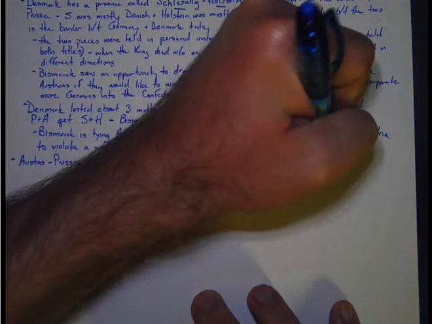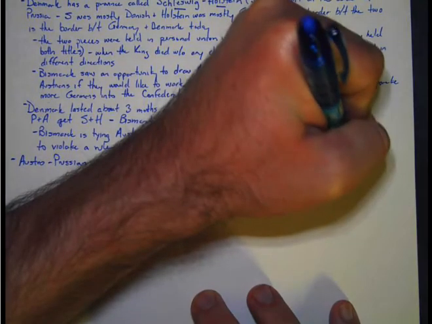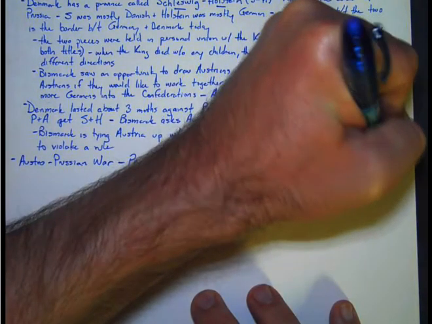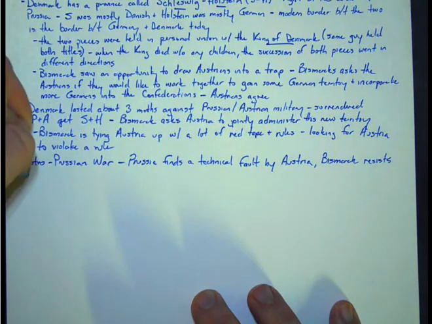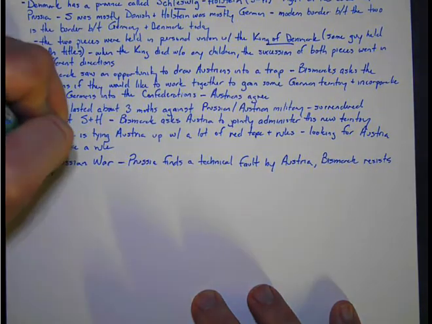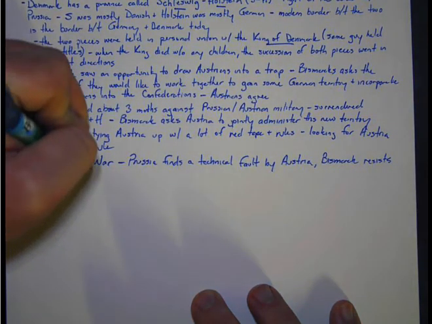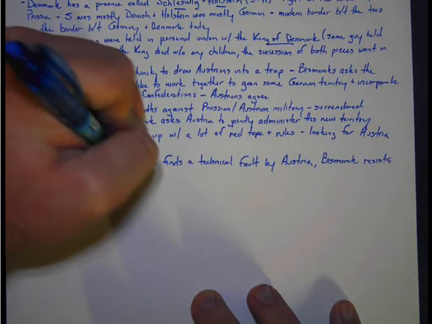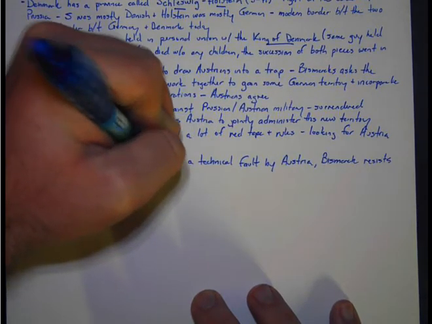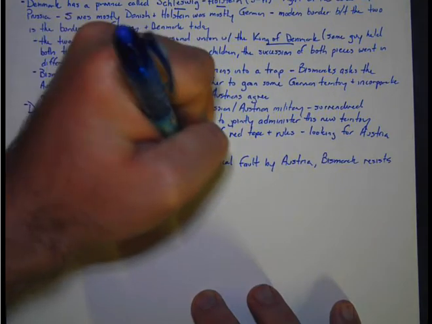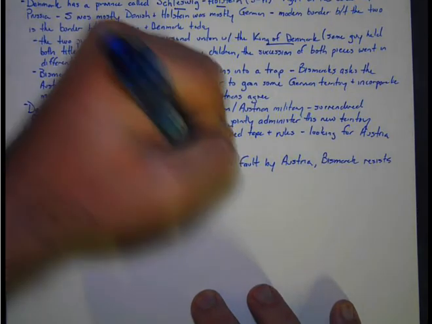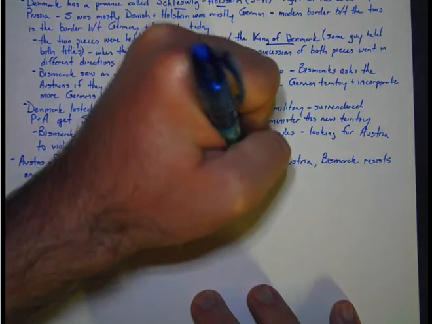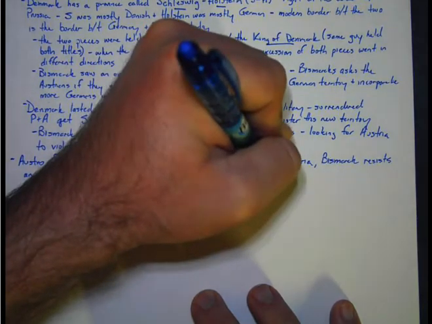And Bismarck resists any efforts by Austria to peacefully rectify the situation.